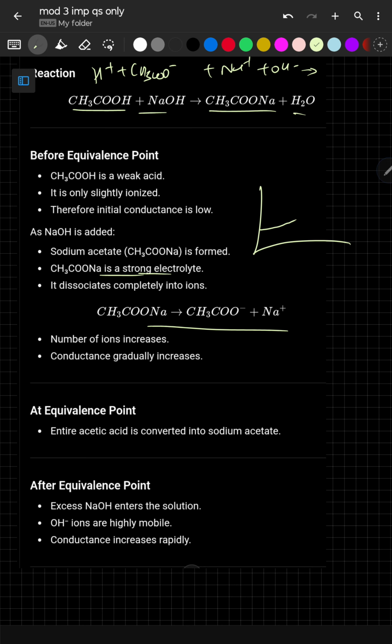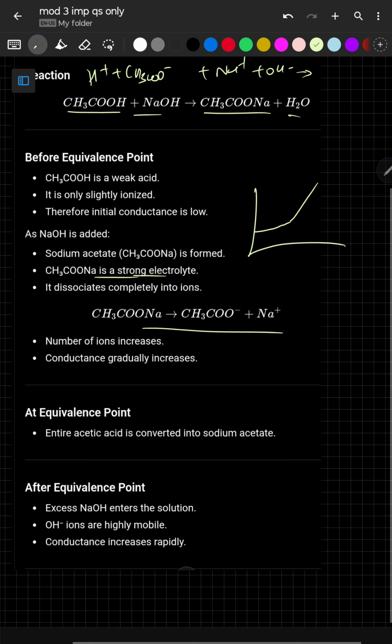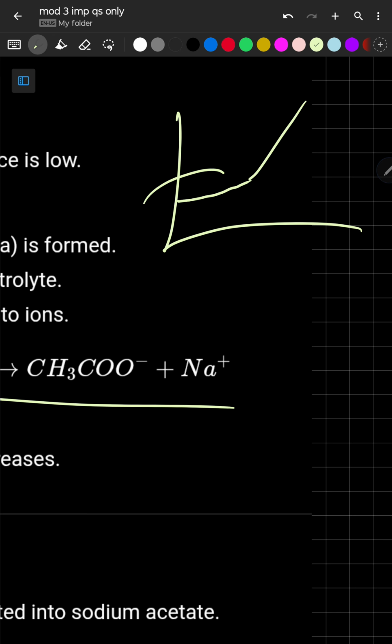So after the equivalence point, when NaOH enters, OH minus ions increase the conductance rapidly. First it was increasing slowly, then it increases rapidly. I'll explain clearly what is happening. CH3COOH which was there, in that H is replaced by Na, so CH3COONa. First CH3COOH is a weak acid, it doesn't ionize much, so it has low conductance.